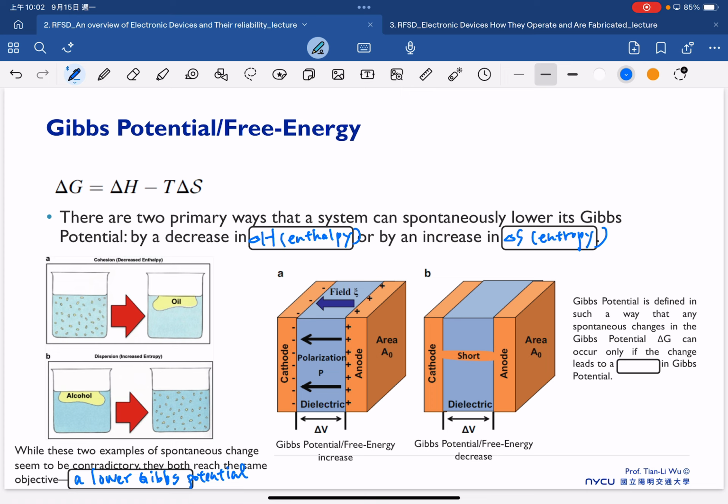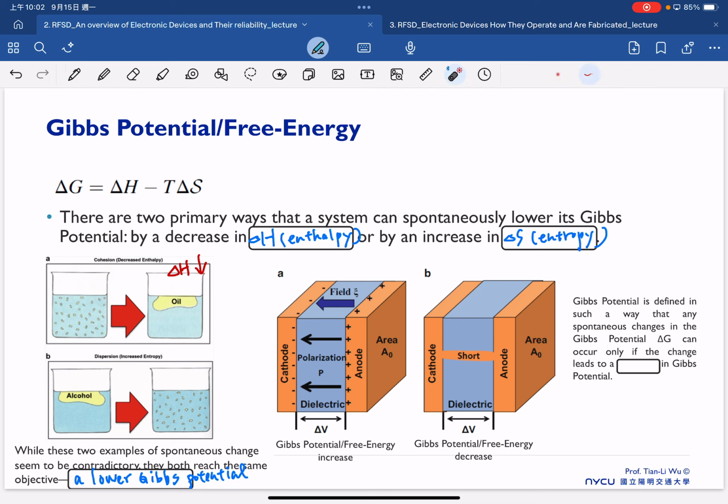So, for example, the first one is that if you split lots of small oil droplets in the water, in the end the oil will come close together, get in touch with each other, and then in the end will become like this one. This is because the condition can reach a delta H decrease.